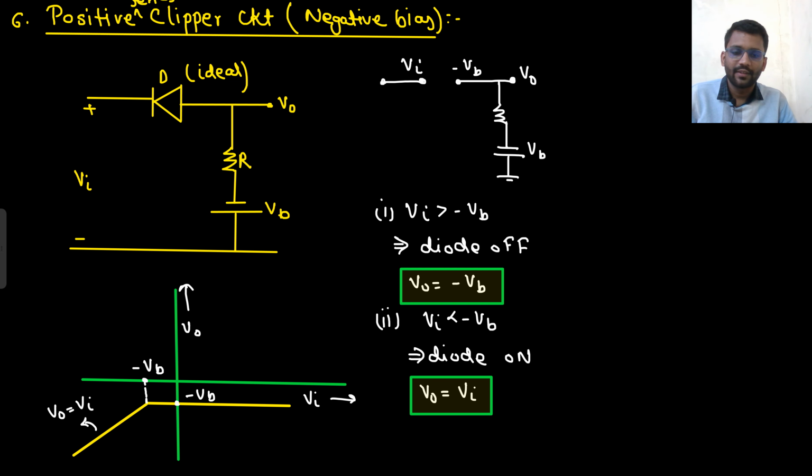So when V in is greater than minus Vb, that means at that time your output will be minus Vb only.